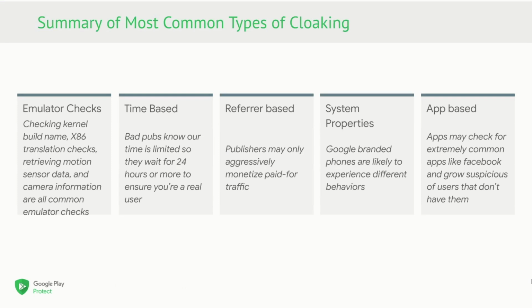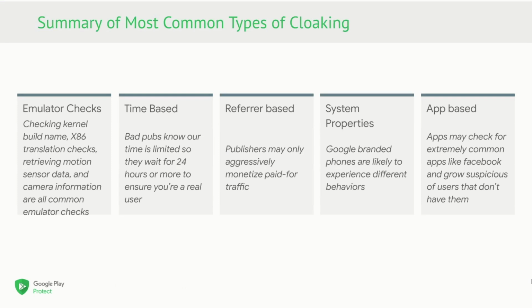Some of these other things here, referrer based: you may only want to show advertisements if your app was downloaded from a certain app store, or if it ended up on the device in a certain way. And you may want to avoid being analyzed if you were sideloaded manually. They may also only want to show ads in specific regions, or do certain behaviors in specific regions or on certain types of devices.